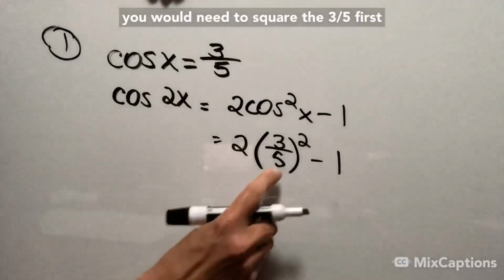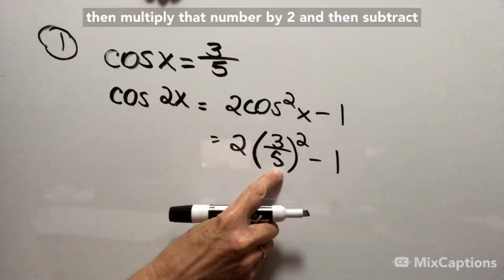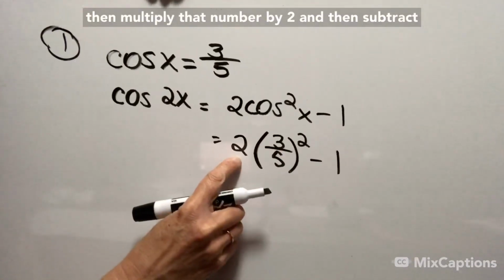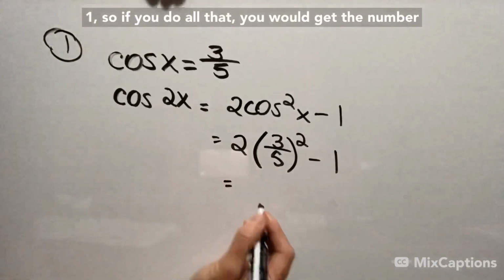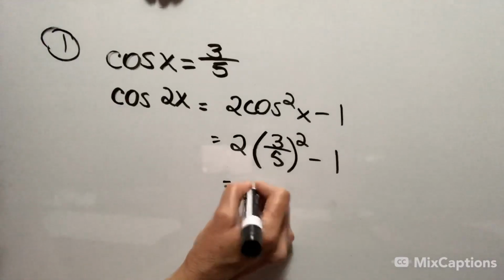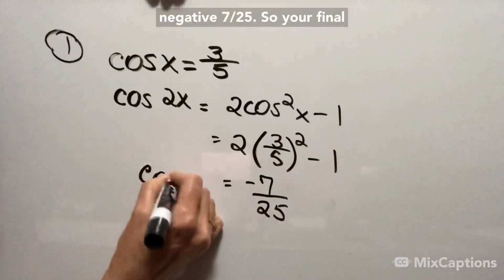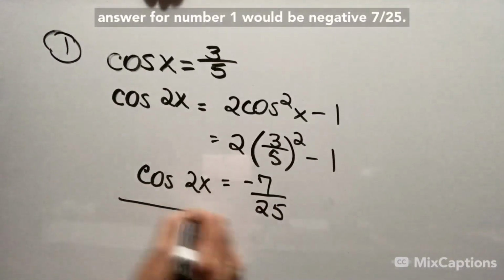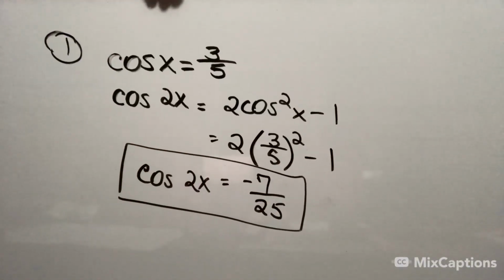As a reminder, you would need to square the 3/5 first, then multiply that number by 2, and then subtract 1. If you do all that, you would get -7/25. So your final answer for number 1 would be -7/25.